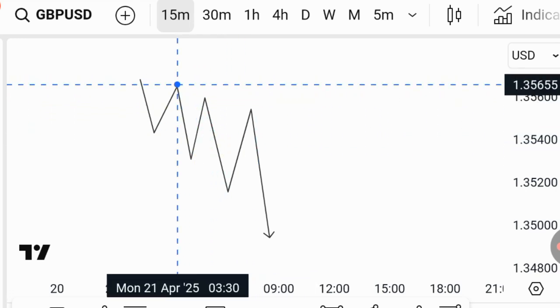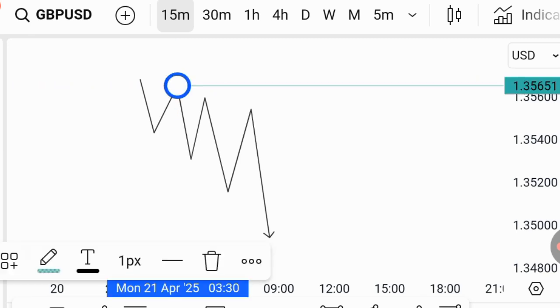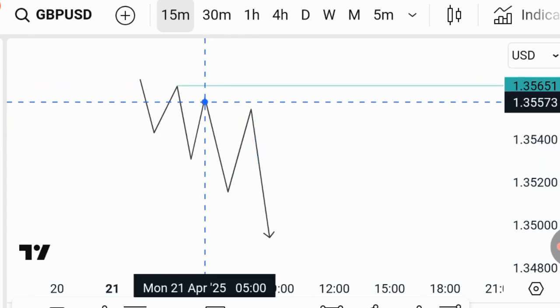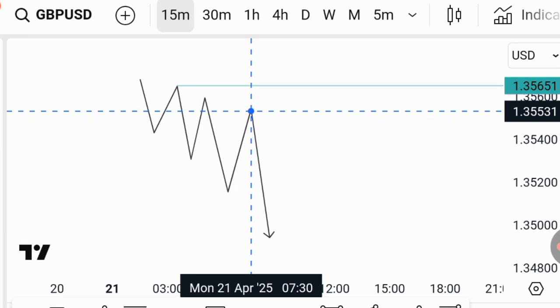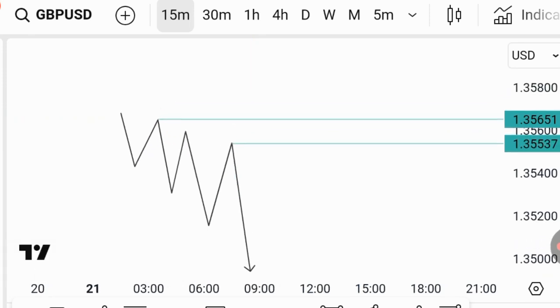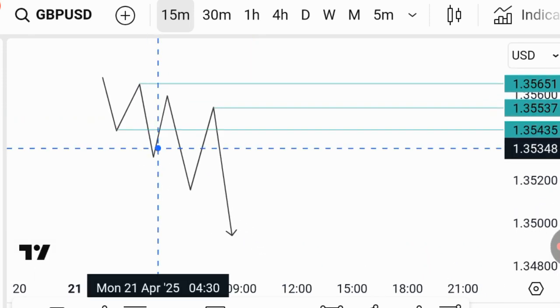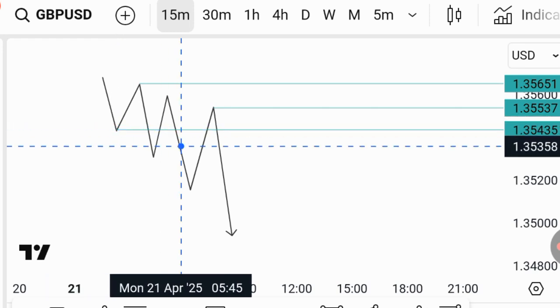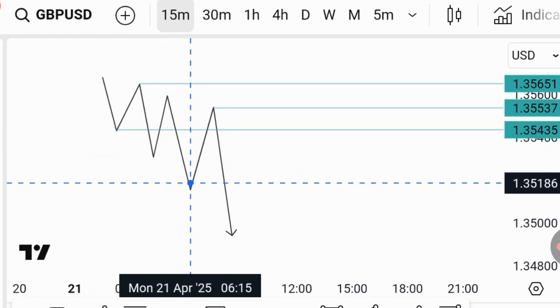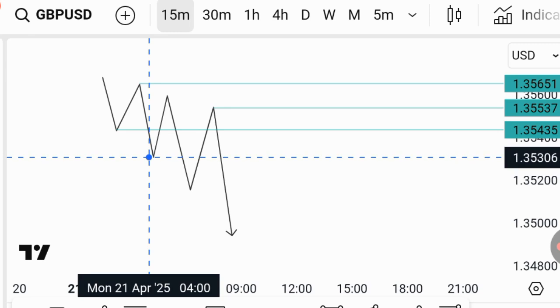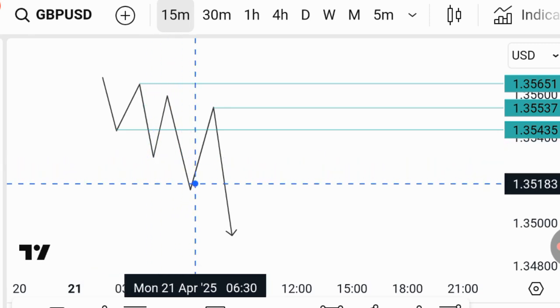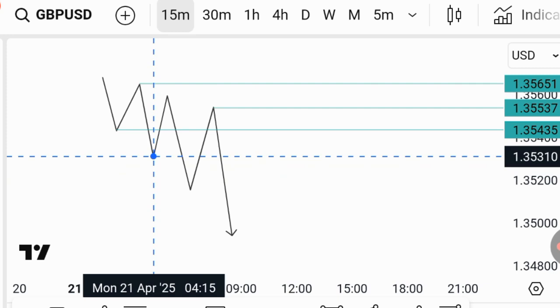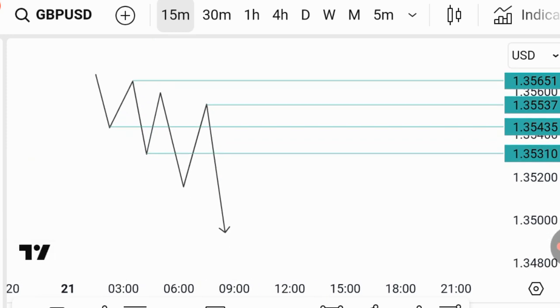Now this is lower high, this is another lower high, and so on. This actually broke the previous lower low, right? And this one broke the previous lower low, right? So this is the lower low that this one broke. You could see it, right?